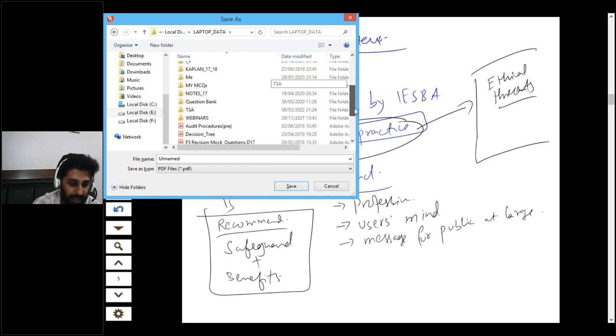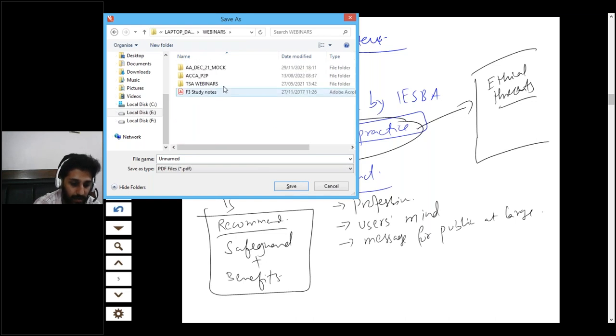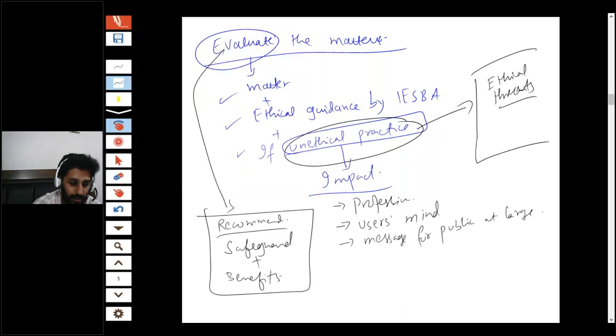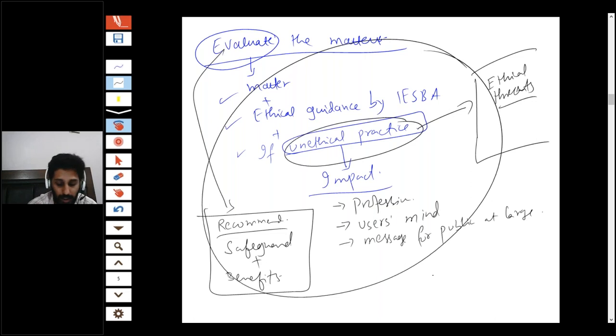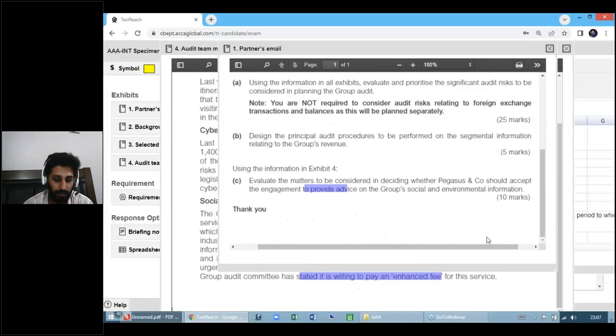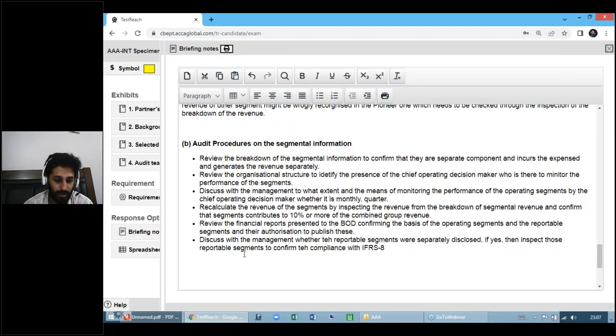I'm saving this file as well. Later on, I will be naming this file. So your answer should cover all these things with the formal explanation. Right? So without discussing it further, I'm now quickly coming to my briefing notes and my answer for part C.